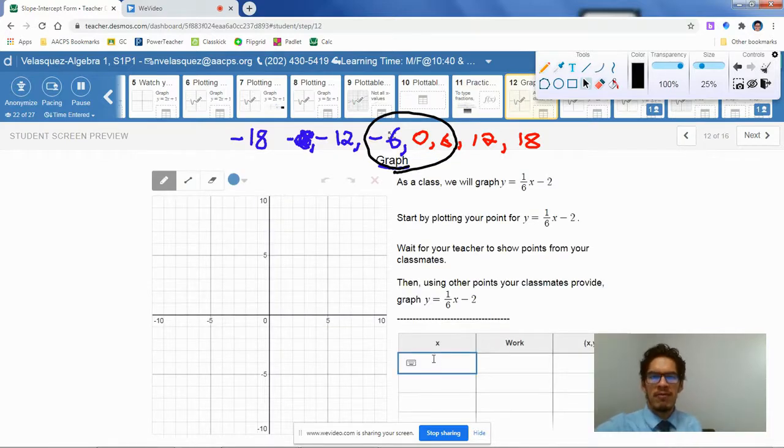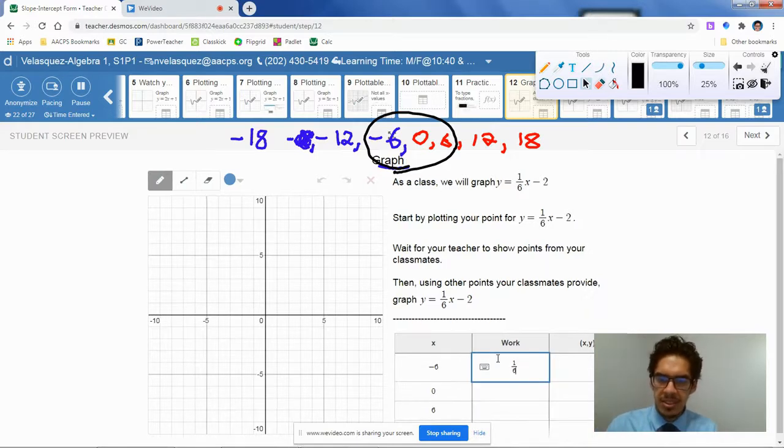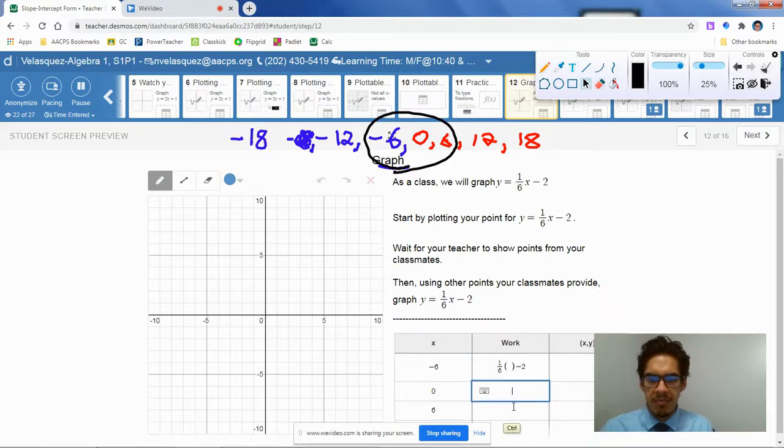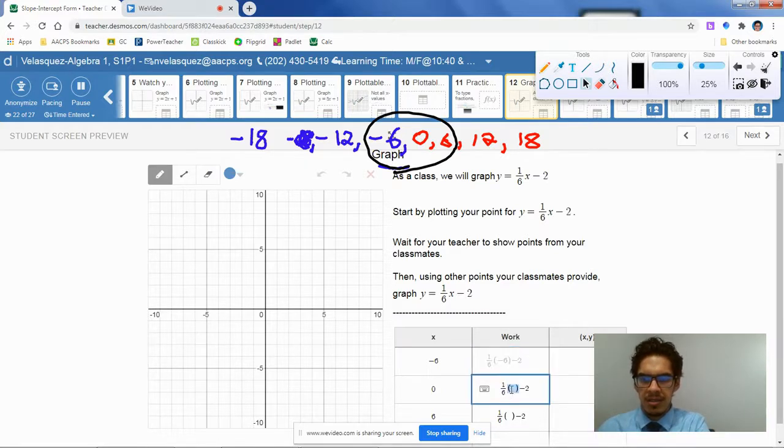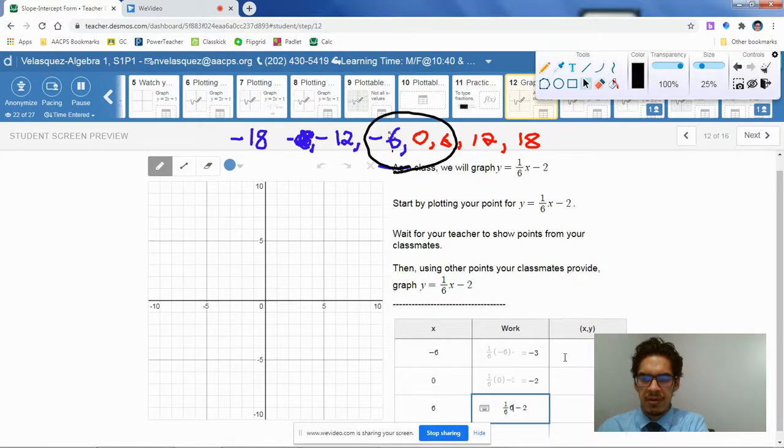I'm going to be graphing 1 over 6. Set up my function. I like to copy and paste things. It's easy for me to do. All right, -6 for here, 0 for here, and 6 for here.